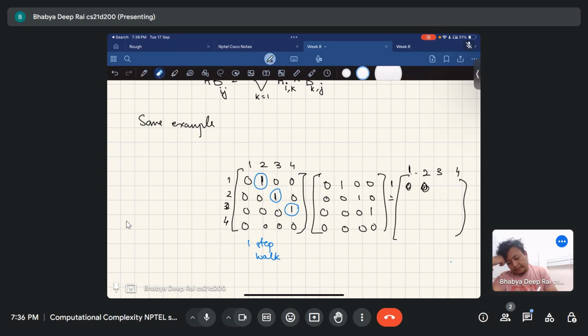Okay, when you look at 2, is there some problem here? 0 1 is multiplied with this.